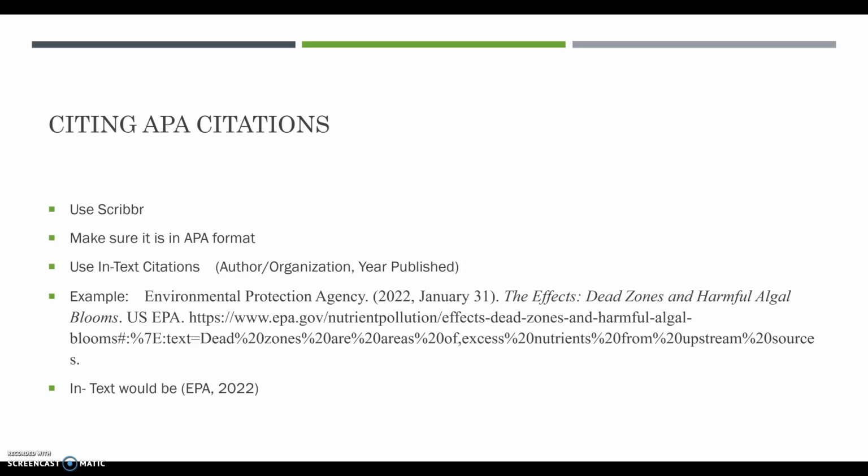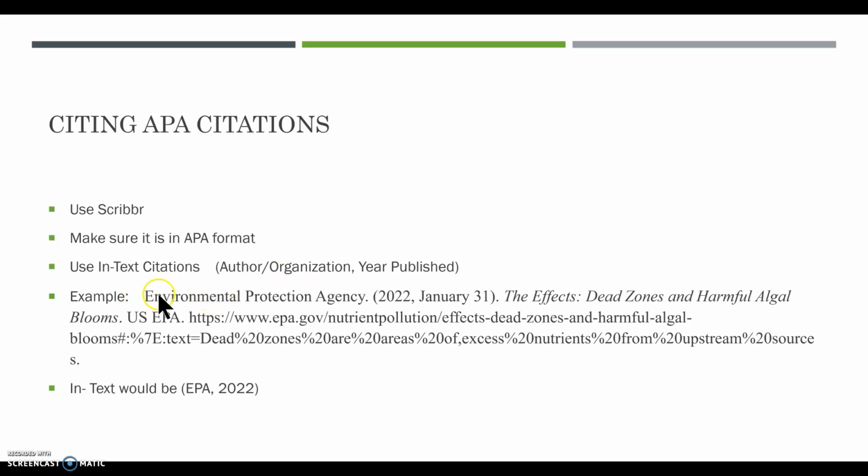Make sure that you review the video that I sent all of you about using Scribbr and using the citation generator for your sources. An in-text citation should be the author or the organization, depending on what source you're pulling from, and then the year published.